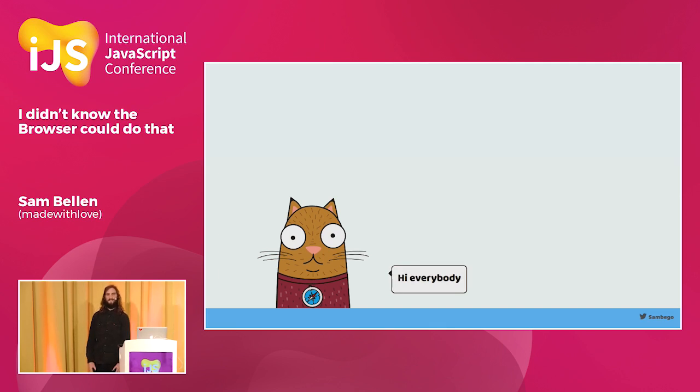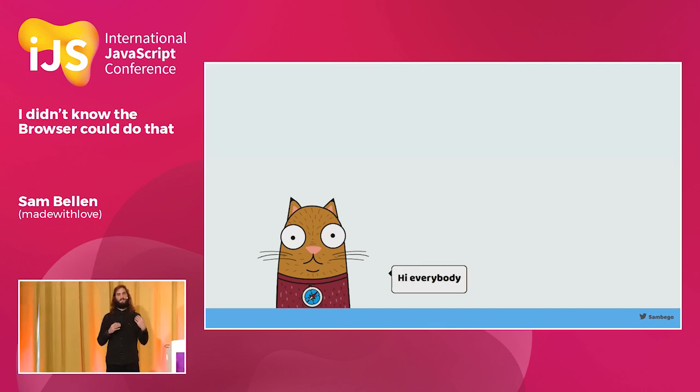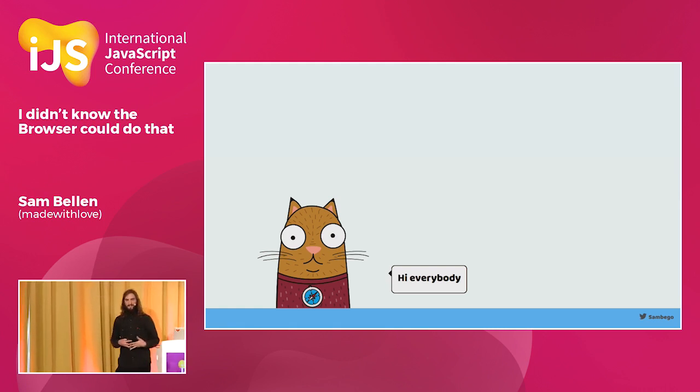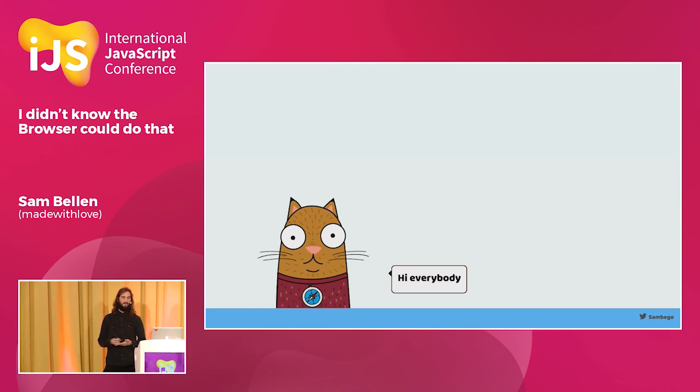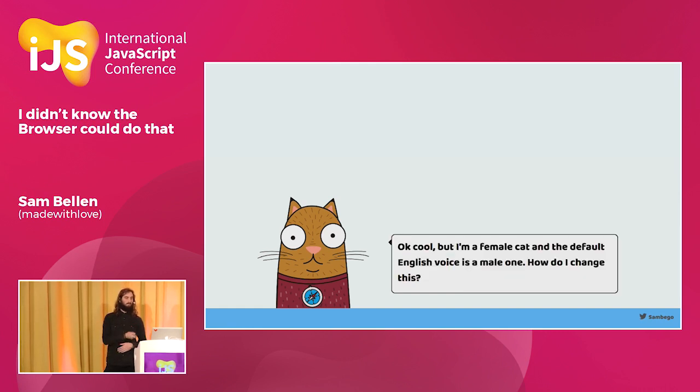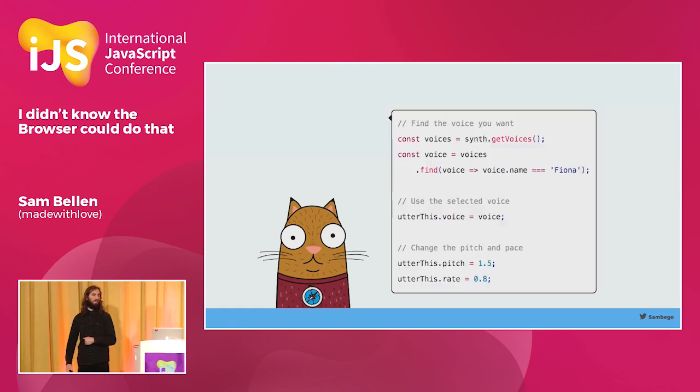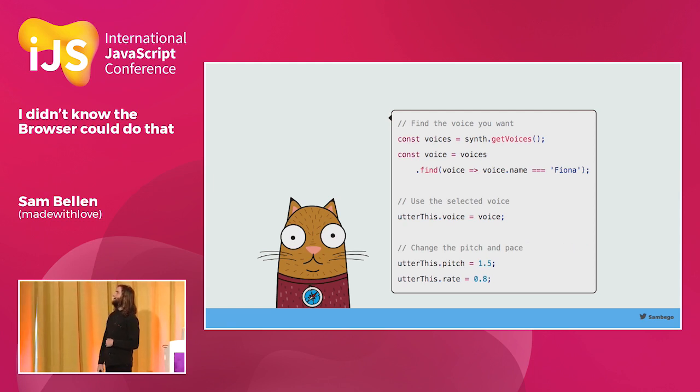Now, you might have noticed that in my first example, my cat was a female cat, and this was a low male voice, which is a default in Chrome. But I've mentioned that this utterance also contains some characteristics of how the browser should talk. You can, for example, choose a voice, set the pitch or the rate of your voice, and stuff like this. So yeah, you can get a list of voices from your synth object.